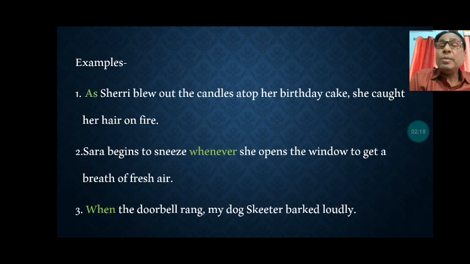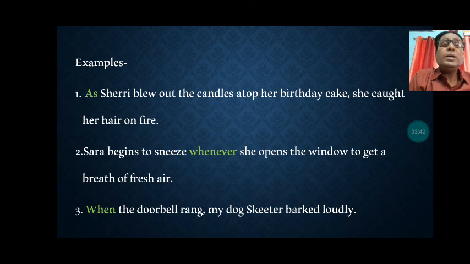Here are some examples to understand it. As Sari blew out the candles atop her birthday cake, she caught her hair on fire. You can see the dependent clause and independent clause.